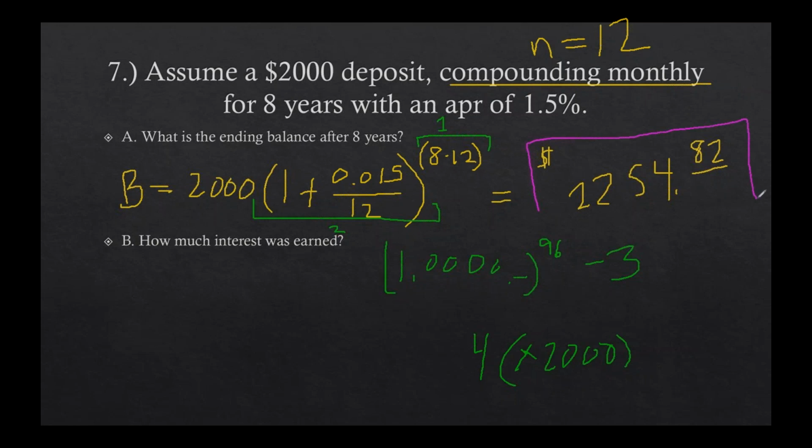Okay, so if this is our ending balance, 2254.82, how do I find, oh good, Vanessa figured out her calculator. Shannon, we might have to look at your keystrokes on your calculator to figure out why you're not getting the right answer. Are you multiplying by 2,000 or are you multiplying by 1,000?